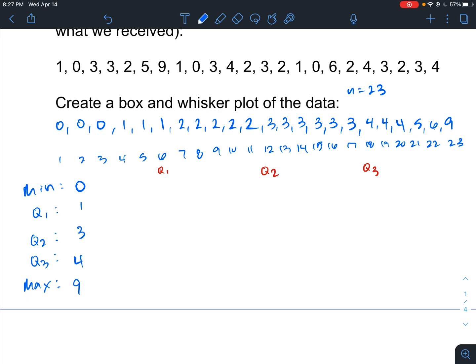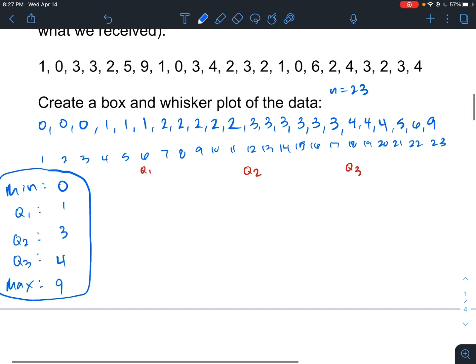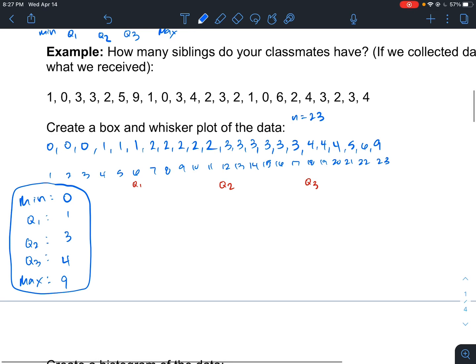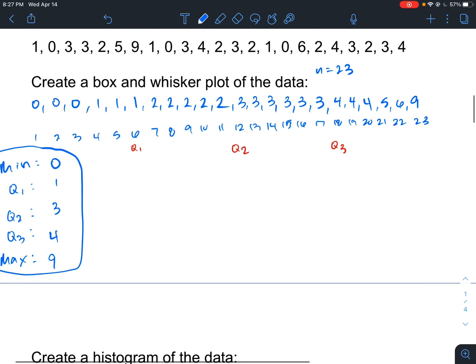So this is my 5-number summary right here, and this is what I'm going to use to create my box and whisker plot. Okay, so let's see here. So create my box and whisker plot of the data. So I need to make sure that it's to scale. So you see that I range from 0 to 9.